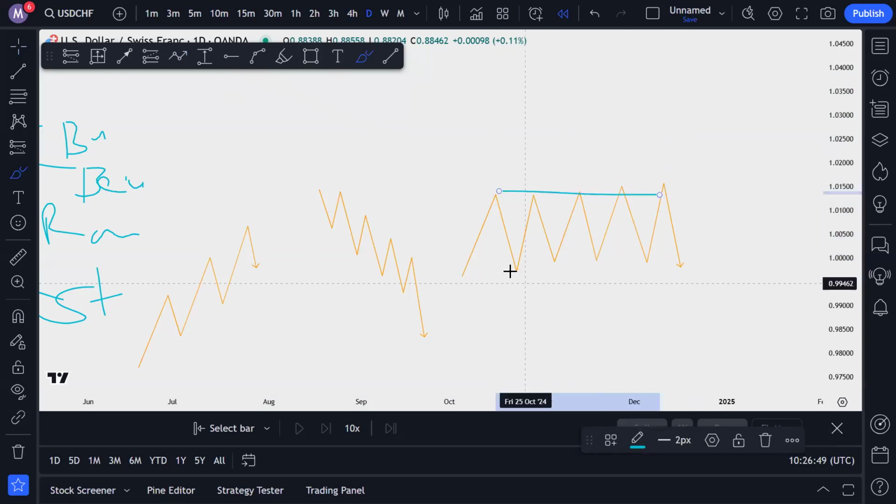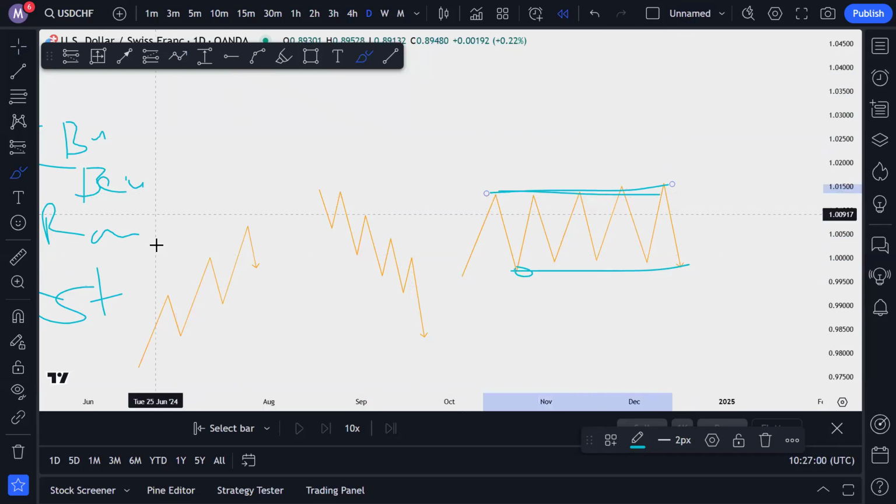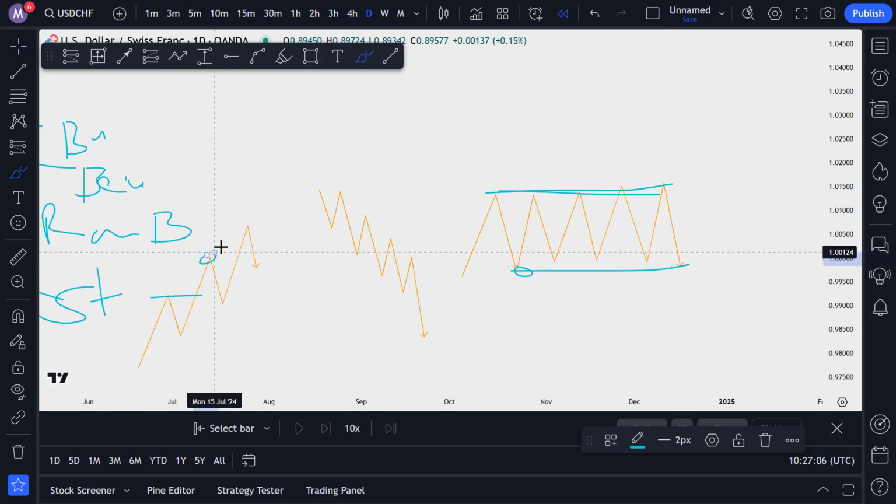Okay? Buyers are buying from these support levels, while sellers are selling from these resistance levels. So this is the equalism between the buyers and the sellers. But in a bullish scenario, we can clearly see that buyers are more in the market than the sellers. That's why price keeps on forming highs. And on the bearish market, sellers are more than the buyers, because price performs lower highs and lower lows.